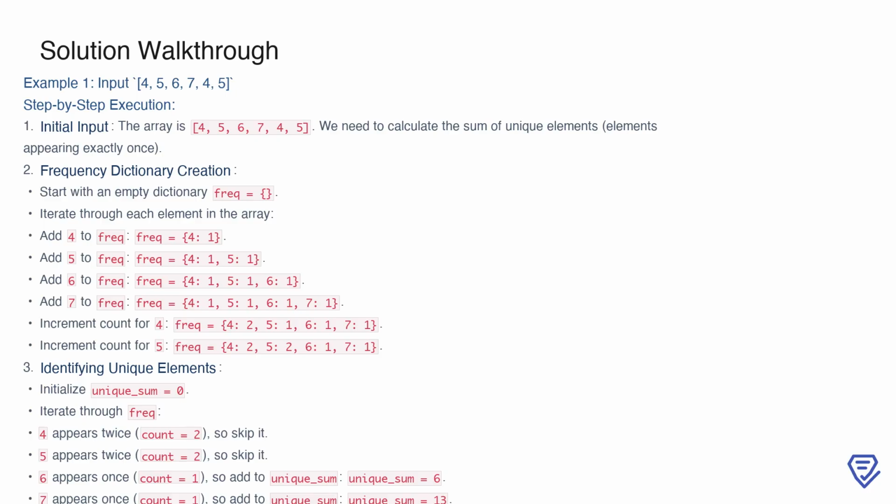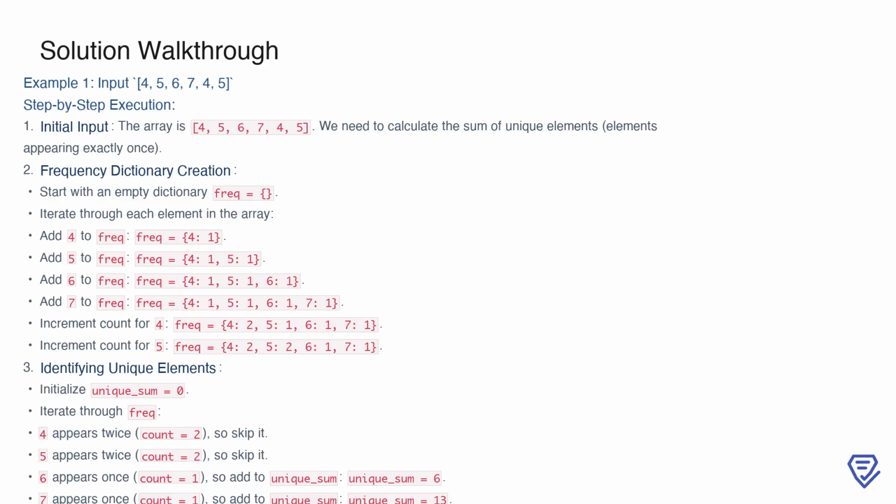When we encounter 4 again, we increment its count to 4: 2, 5: 1, 6: 1, 7: 1, and similarly, when we encounter 5 again, the dictionary becomes 4: 2, 5: 2, 6: 1, 7: 1. Now that we have the frequency dictionary, we can identify elements that appear only once.